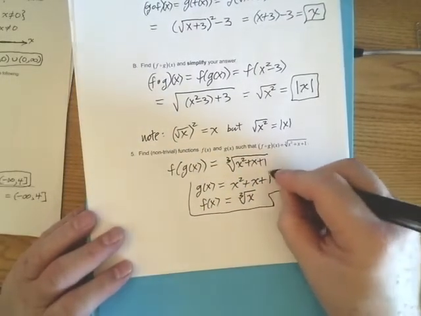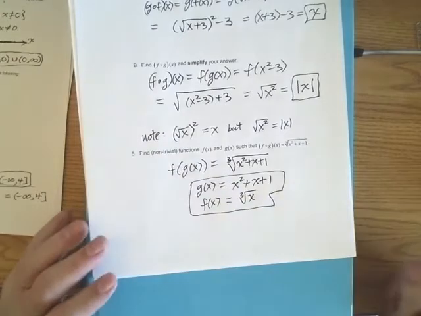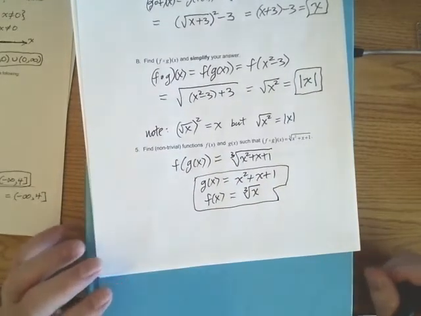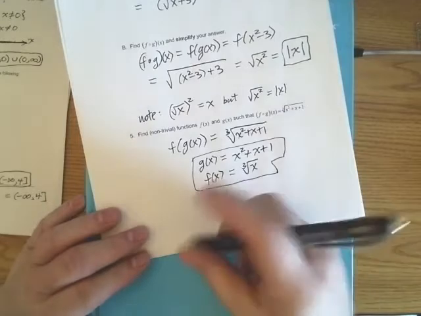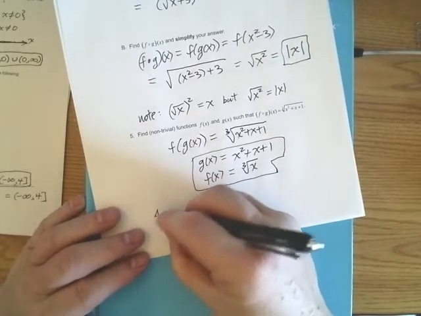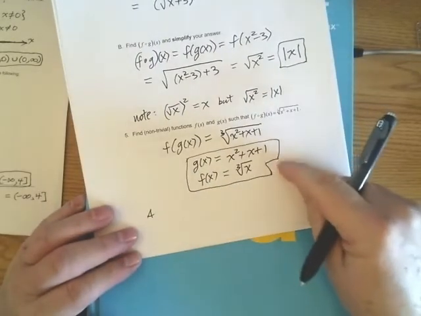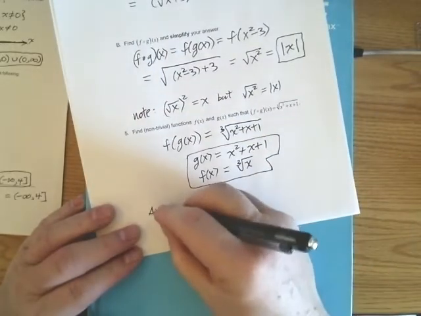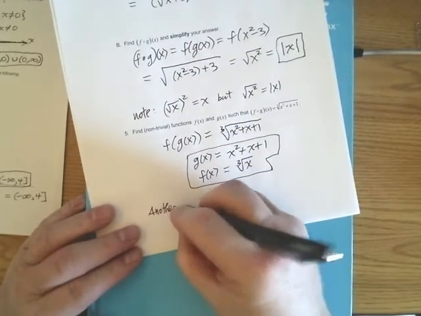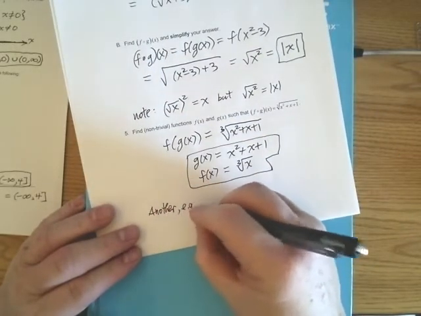Okay? Are there other ways to decompose these functions? There are, in fact, other ways to decompose these functions. Here's another example. Oh, by the way, this example is the most reasonable, and this is the most useful in the calculus. Here's another way, for example.